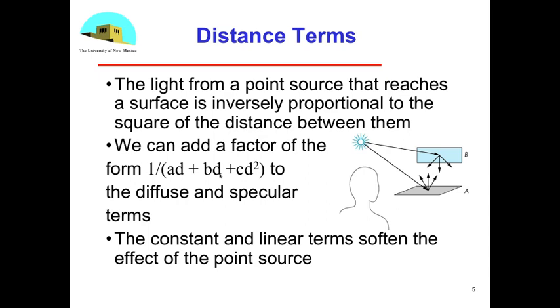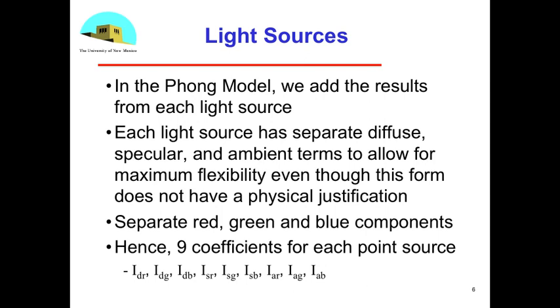Okay, so now what about the sources? In the Phong model, what we said was that there was going to be a potentially different source for the ambient, diffuse, and specular components. Now this is kind of a kludge, because if you have a light sitting there, it has some properties, and it's not separate red, green, and blue, nor separate ambient, diffuse, and specular.